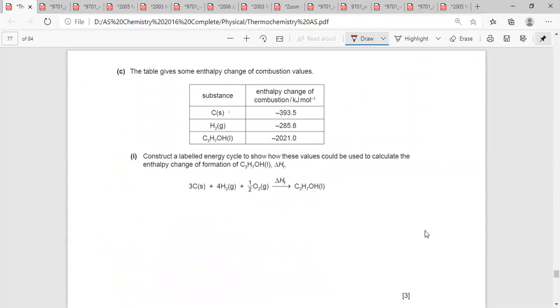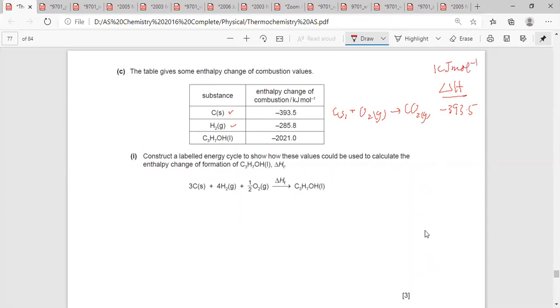For carbon, for hydrogen. Now here, of course, you write out the equation. C(s) plus O2, must be full combustion, gives you carbon dioxide gas. What I put for the delta H: minus 393.5, kilojoules per mole.